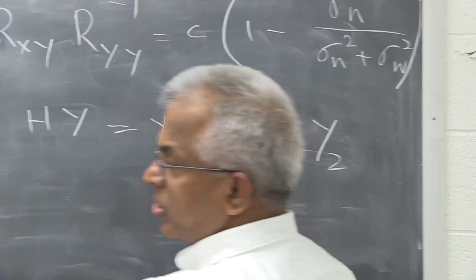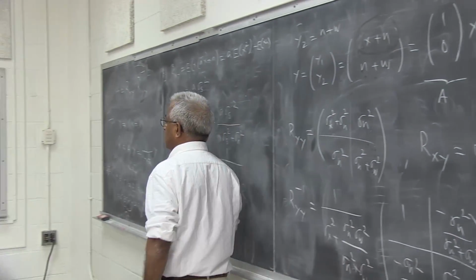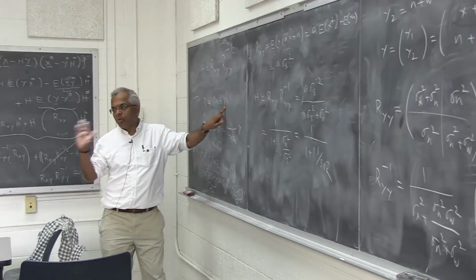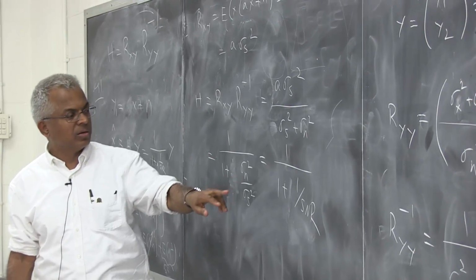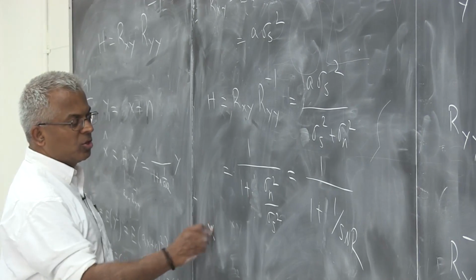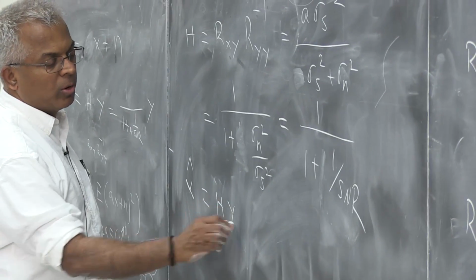And that makes sense because your job is to get rid of this noise. If you only have one observation, the only thing you could do is scale it. So your estimator is going to be h multiplied by y1.